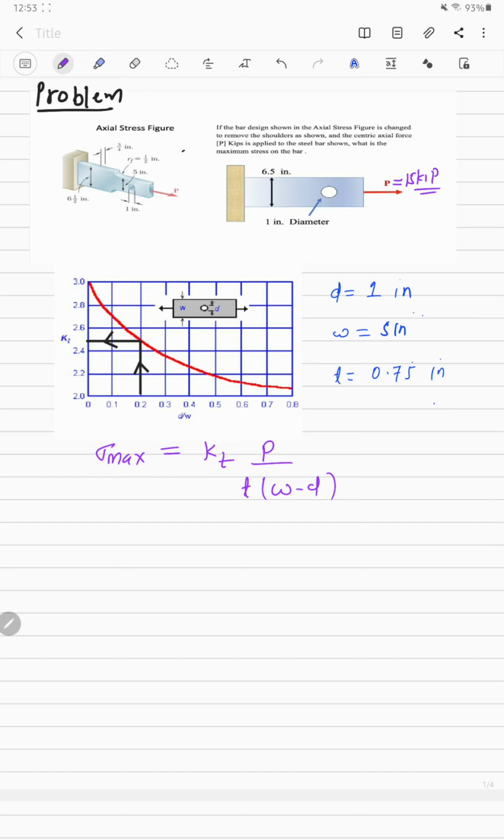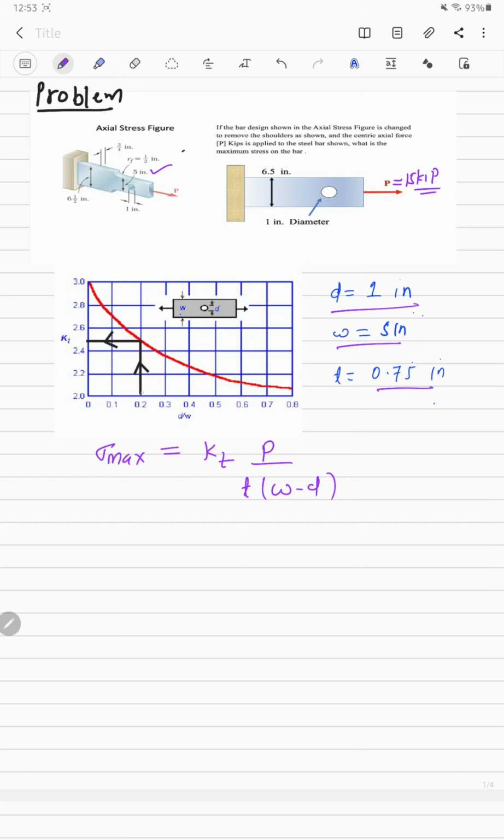For KT we have to look into the graphs. I have already attached the graph. According to our problem, W is 5 inch, the diameter of the hole D is 1 inch, and thickness is 3/4 inch, meaning 0.75.